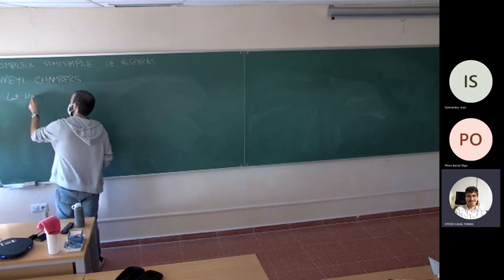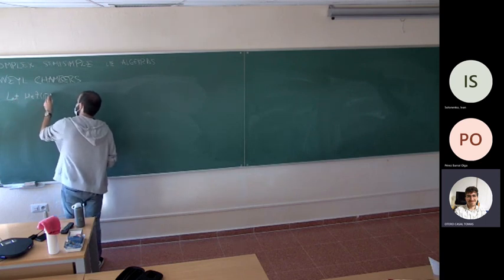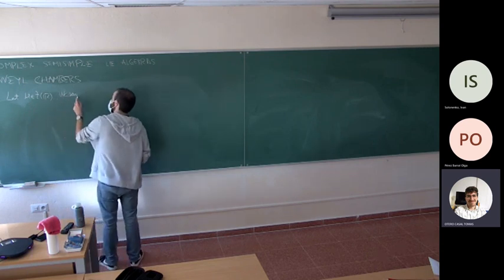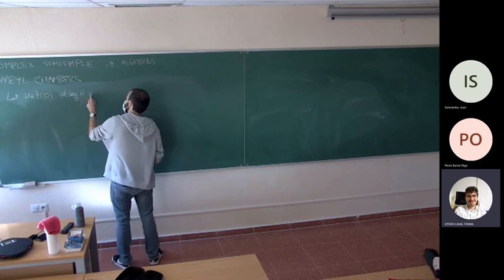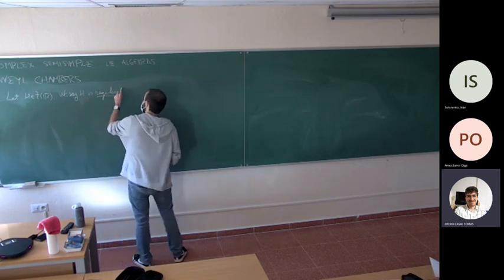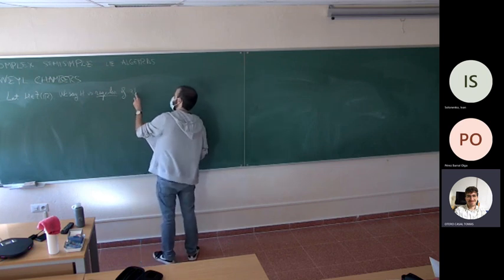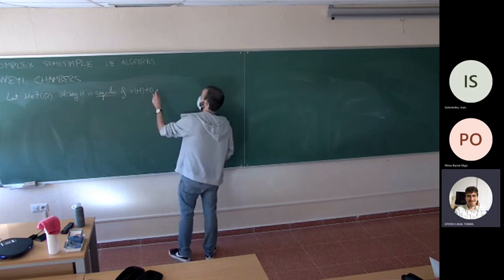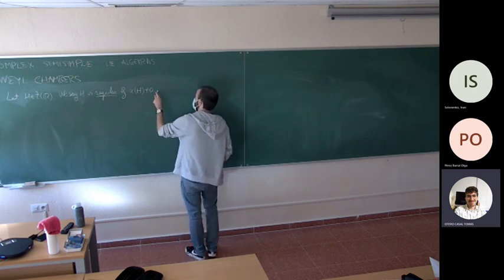So let H be an element of T_R. We say that H is regular if alpha(H) is never equal to 0 for every root alpha.